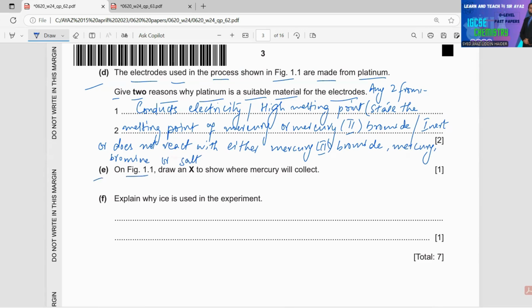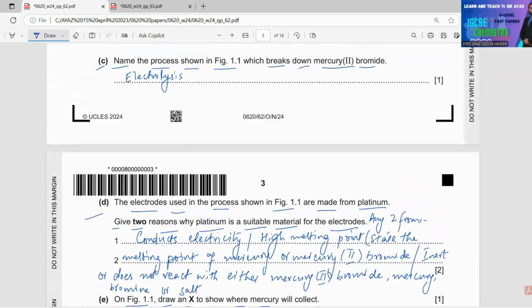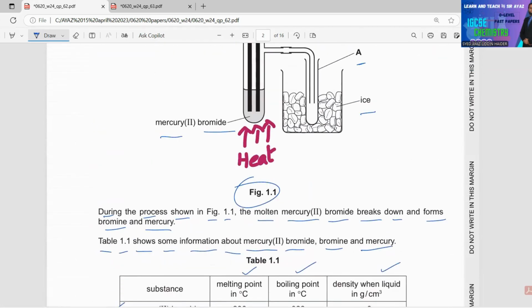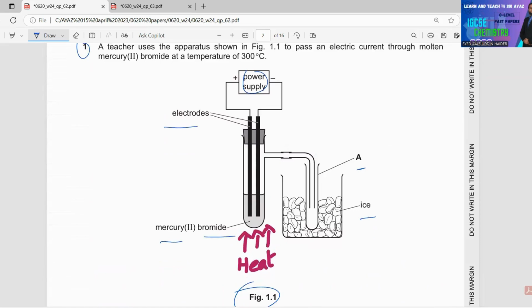E. On figure 1.1, draw an X to show where mercury will collect. Mercury is a metal, it will gain electrons and will be collected at the negative electrode. You should know which one is the negative electrode. So if you see the sign, this must be the cathode, which is the negative electrode. And this one is the anode, which is the positive electrode.